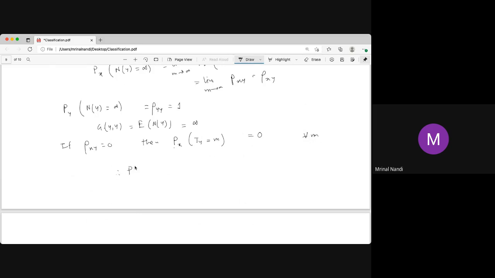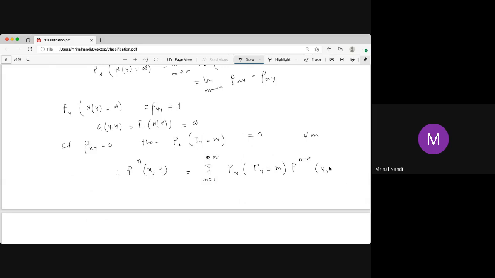Now, therefore, the probability of starting from x and reaching y after n steps: what is this? This is the sum over m equal to 1 to n of the probability that, starting from x, it reaches y after m steps, and then after n minus m steps, starting from y, it is at y. It's maybe infinity.